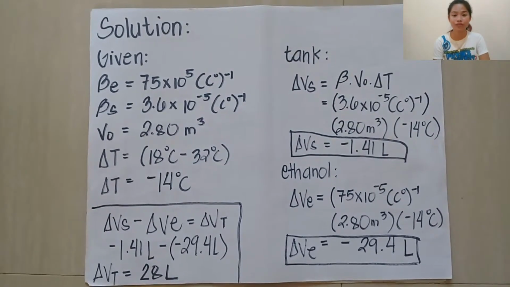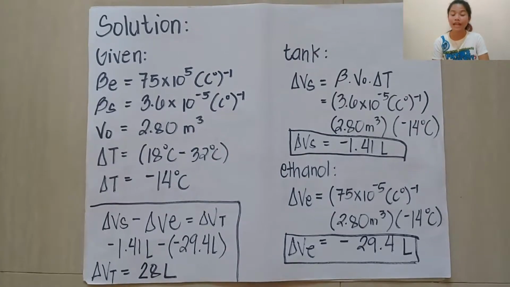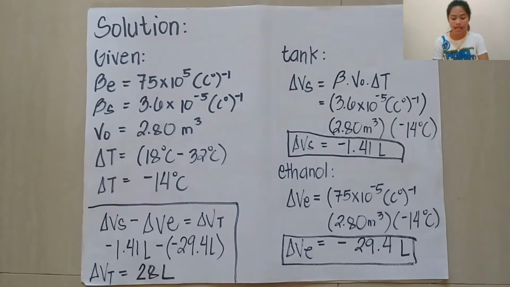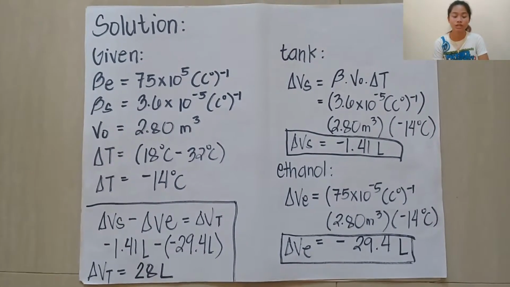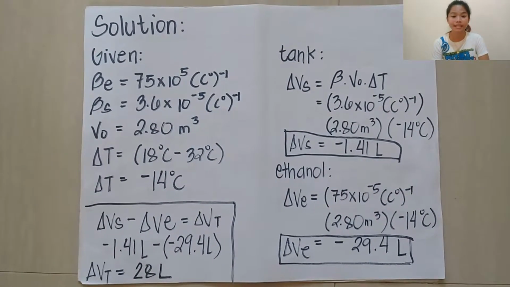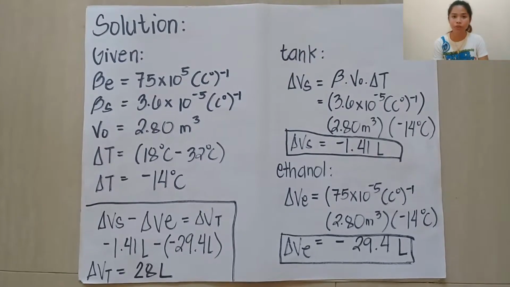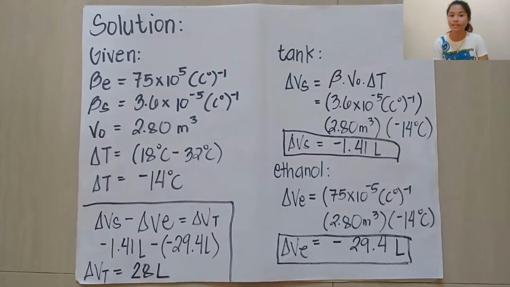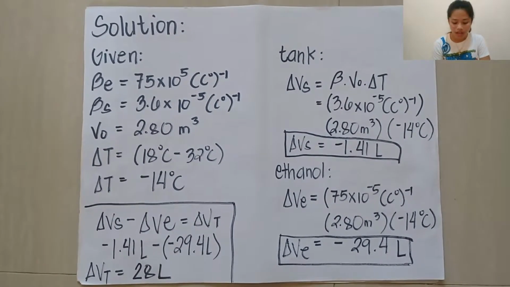So 18 degrees Celsius minus 32 degrees Celsius equals negative 14 degrees Celsius. The formula in finding the additional volume is delta V equals beta times V naught times delta T. First, we will calculate the delta V of the tank.